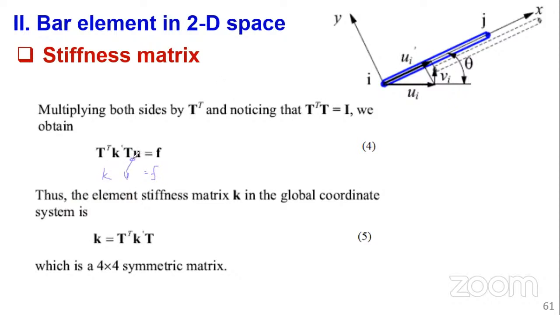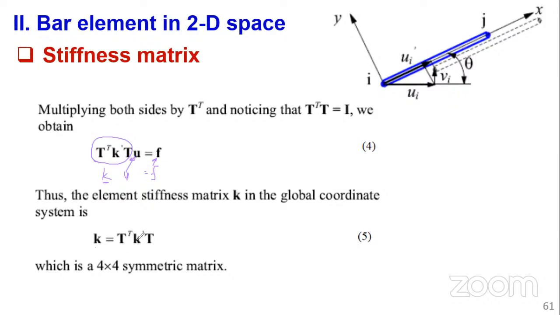This is the U, this is the F here, so all this is K. And therefore, the elemental stiffness matrix in the global coordinate system, K, is equal to T transpose K prime T. And that's how you've been able to transform or obtain the global stiffness matrix from the local stiffness matrix.